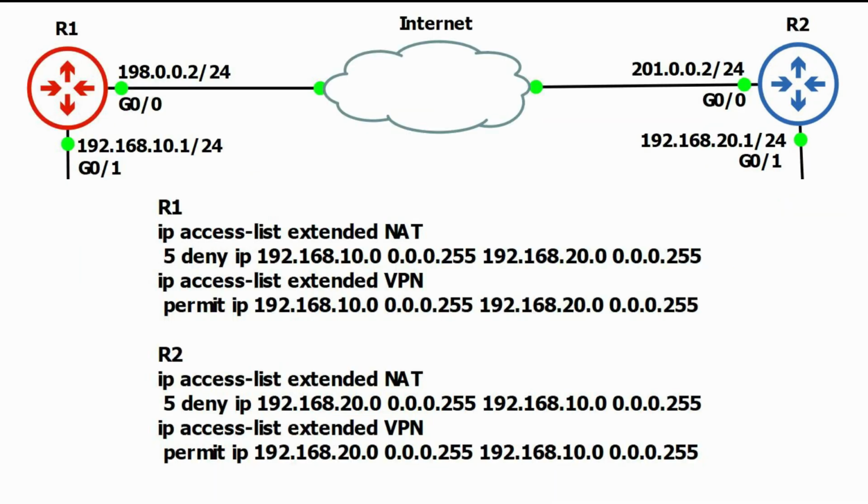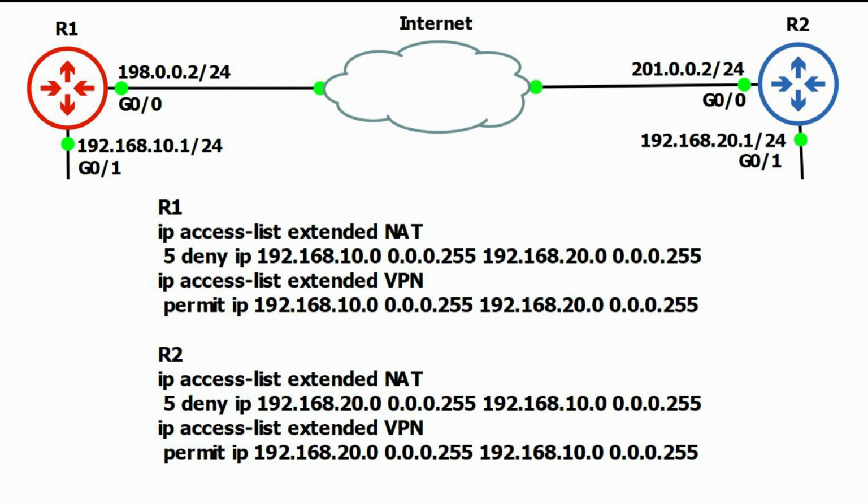Something very important that you should keep in mind is that in most cases when we set up a site-to-site VPN, you will find yourself with NAT technologies operating, because the majority of users connected to your router will want to have access to the internet. To be able to successfully bring up the VPN, you will have to create two extended access lists. One captures the traffic that is going to the internet.